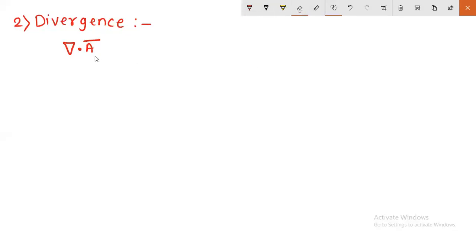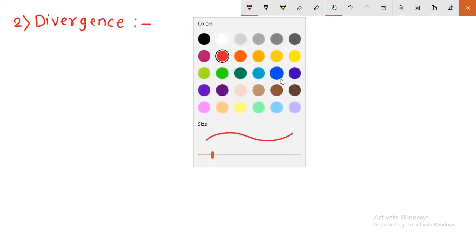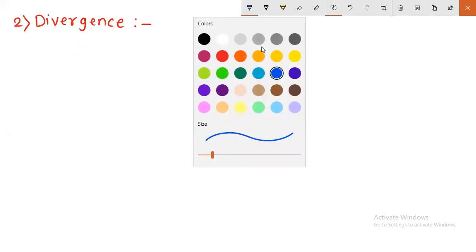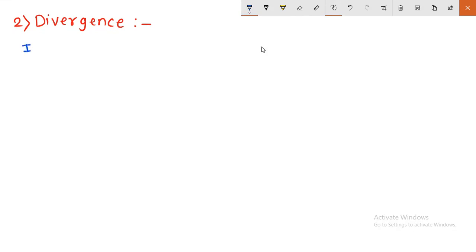So now we will write the equation for the Cartesian coordinate system, having coordinates x, y, and z. This del dot vector a bar. Now just tell me what is this del?